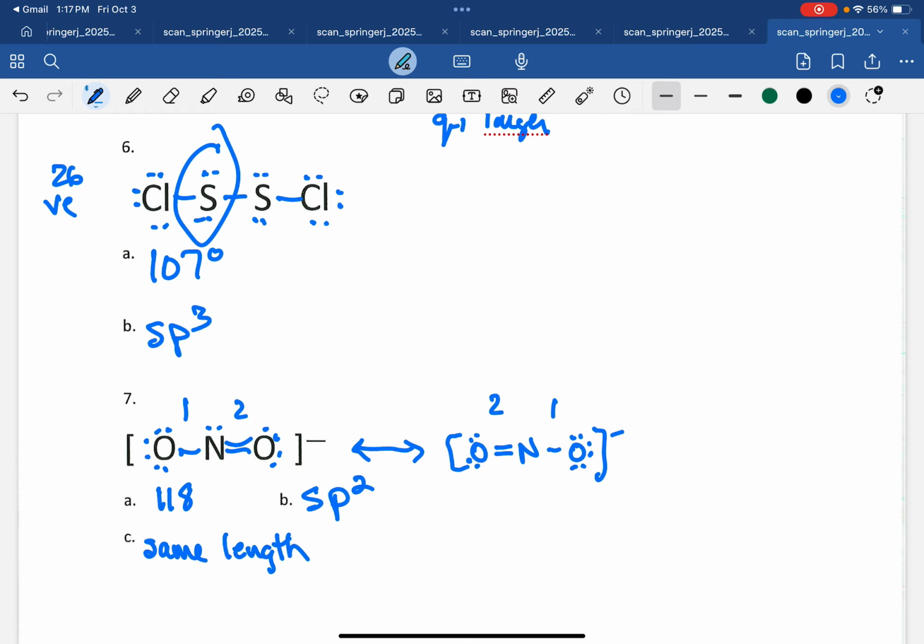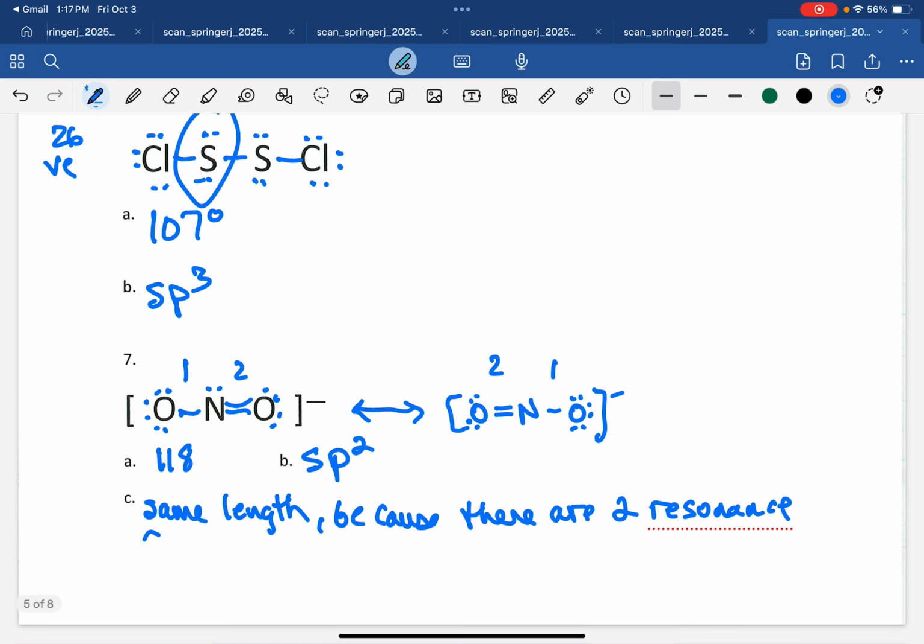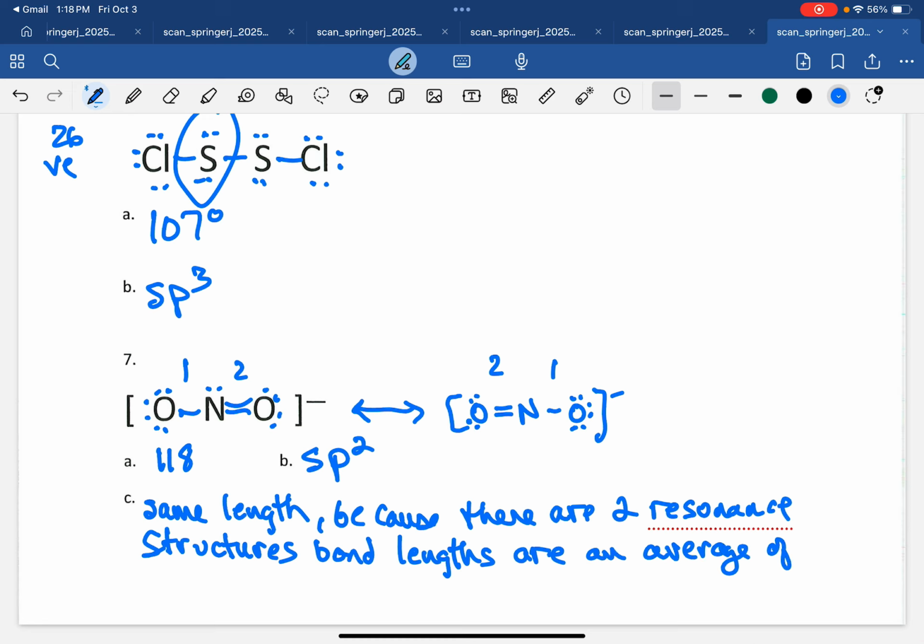Do we have to justify that? Yes, justify your answer. Because of the resonance, because there are 2 resonance structures, the bond lengths are a hybrid or average of the two bonds.